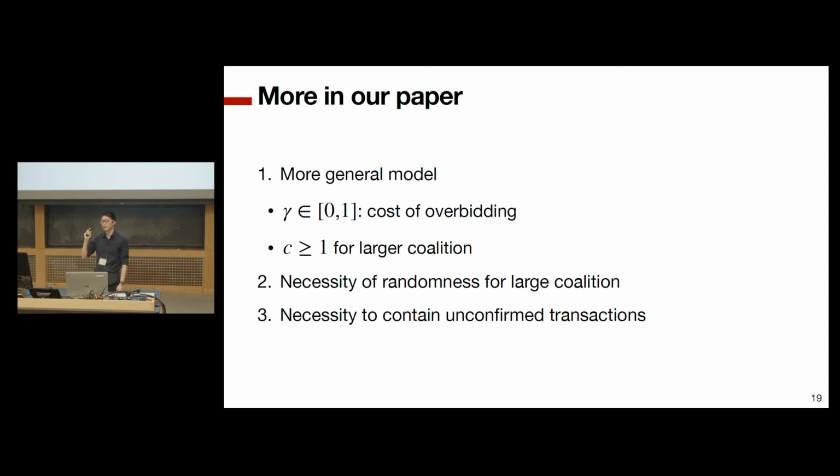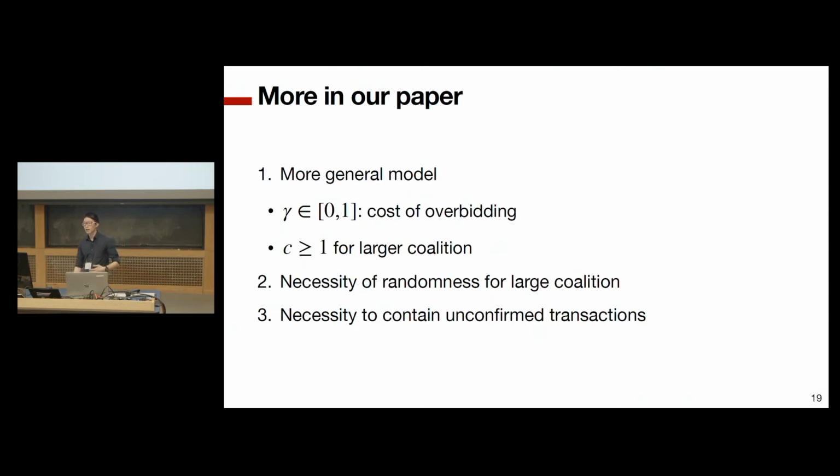Actually, you can consider any ratio between 0 and 1. For example, 0.5 means the adversary only needs to pay 50% of the extra cost. The mechanism I just showed is only 1SCP, that means it only protects against a single miner, single user coalition, but you can actually protect against a larger coalition. However, there is a price. We also show that for any gamma larger than 1, the mechanism must be randomized.